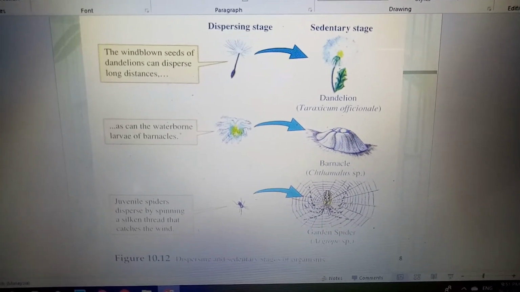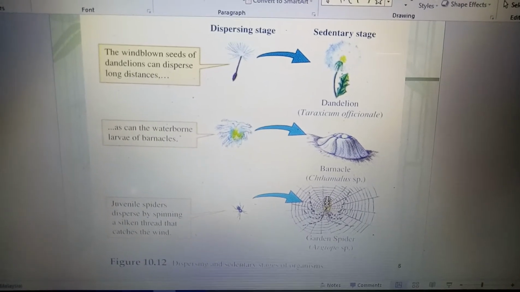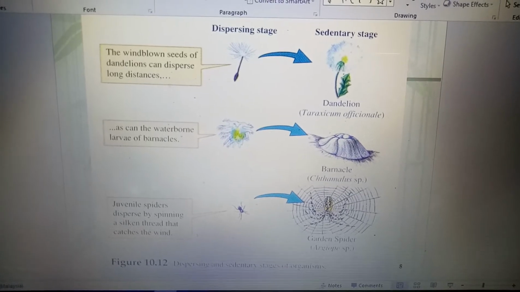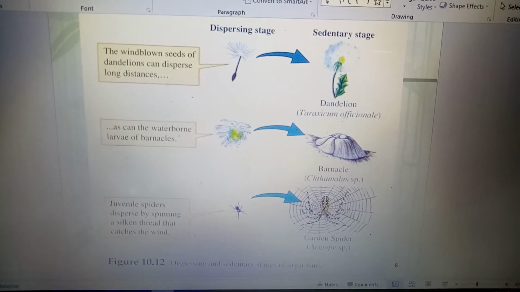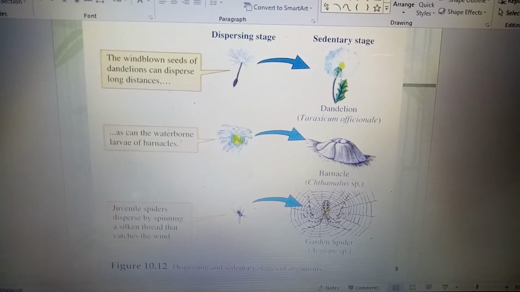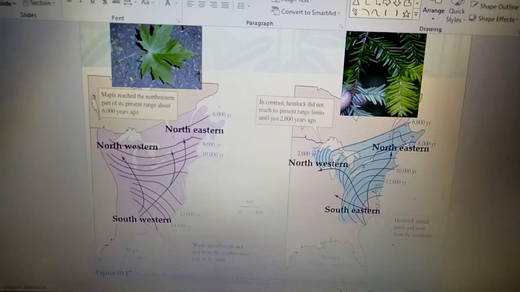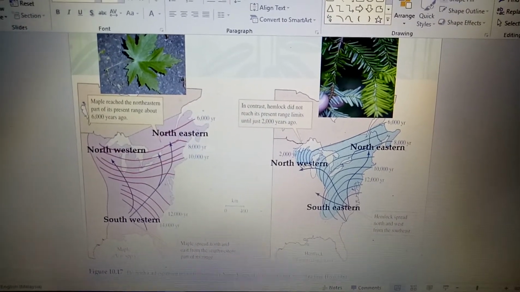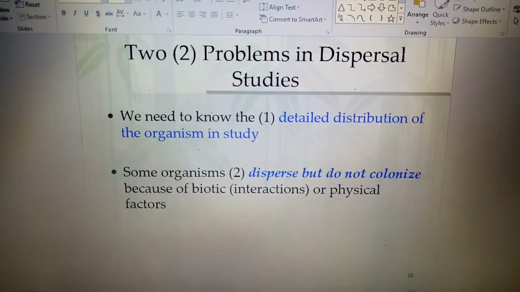For example, the first one on top, the wind-blown seeds of dandelion can disperse long distances, as can the waterborne larvae of barnacles. And the last one, juvenile spiders disperse by spinning a silken thread that catches the wind. This is also the same thing, just an example with different locations, northern and southern. I think you can read this one yourself.